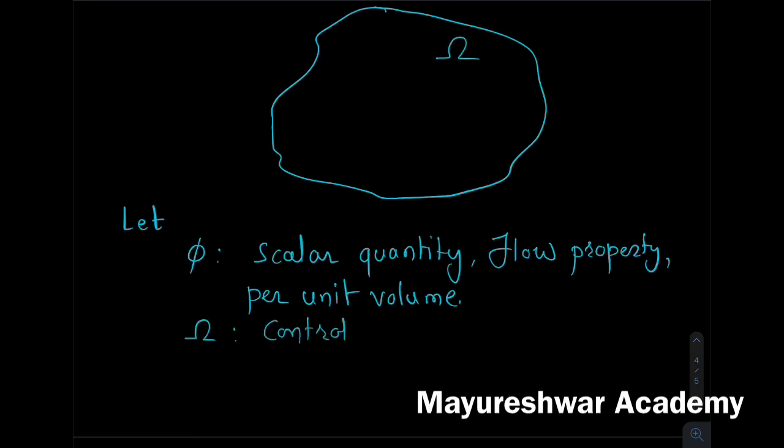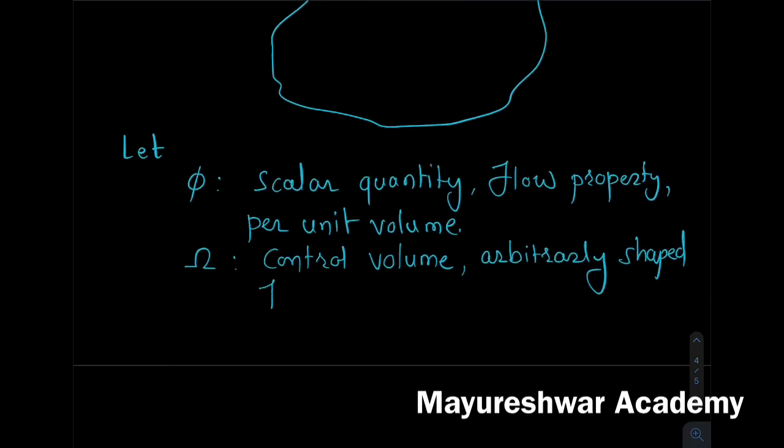Our volume we are going to denote by omega, which we are calling the control volume, and it is of arbitrary shape intentionally, so we can devise the generalized formulation, and this is fixed in space.